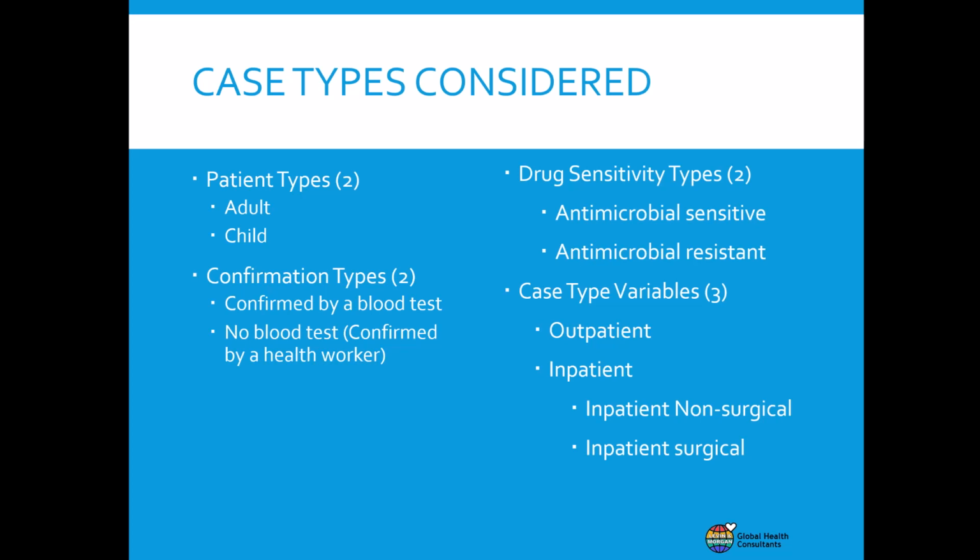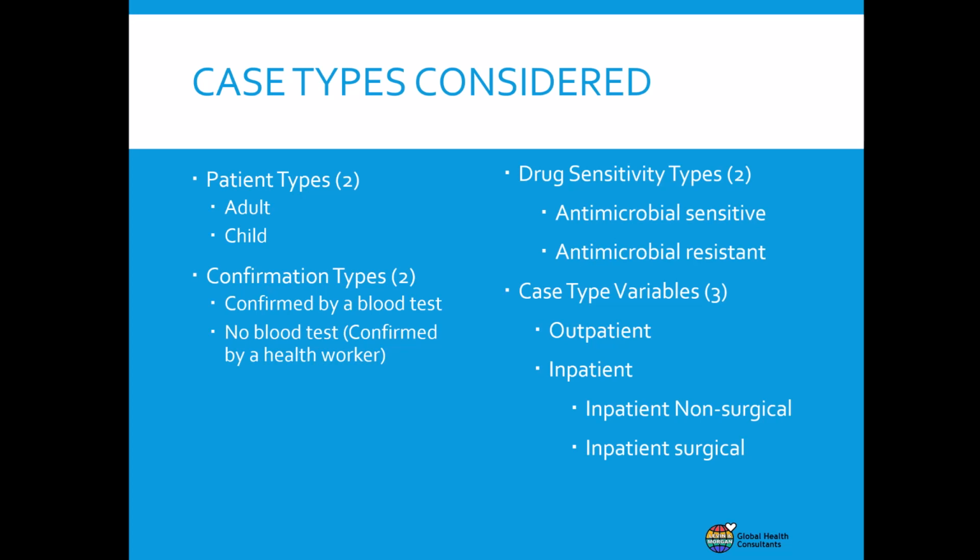We focus in this study on 12 different case types that we've divided into 4 groups. We're costing cases involving adults separately from cases involving children under the age of 3 years. Also, we're differentiating between the cases confirmed by blood test and cases where no blood test was used to confirm a case.